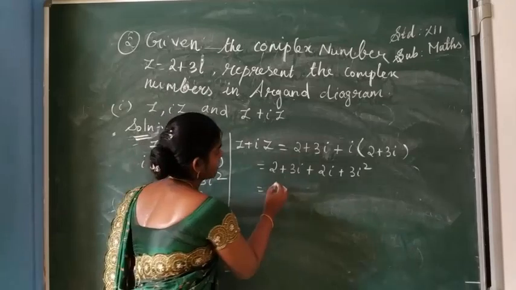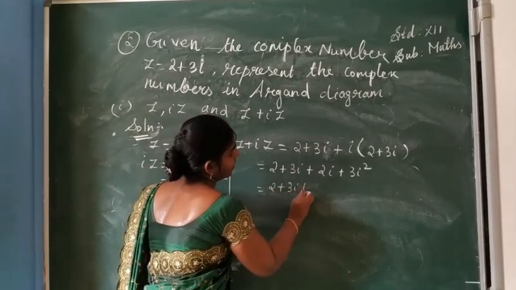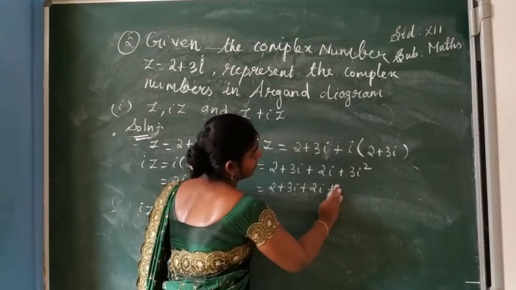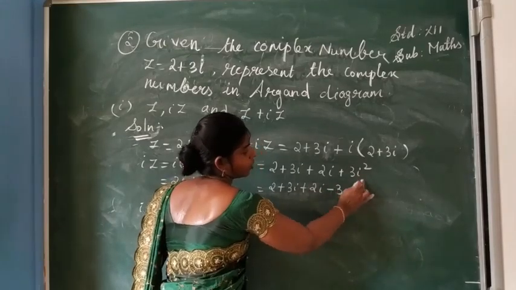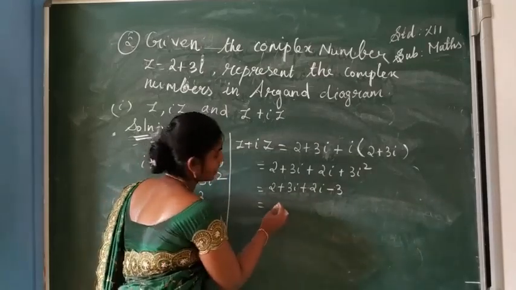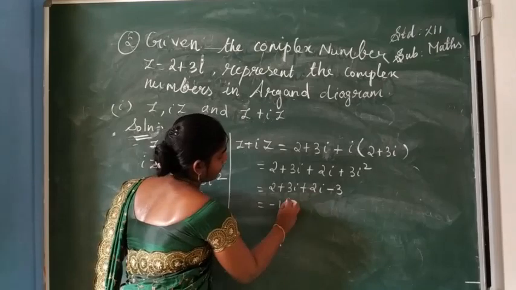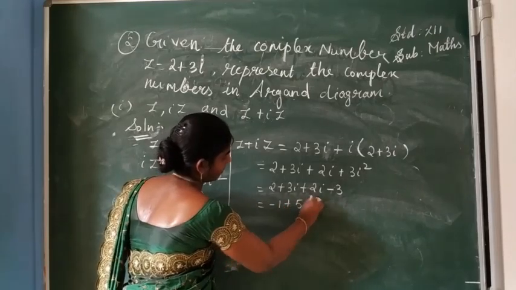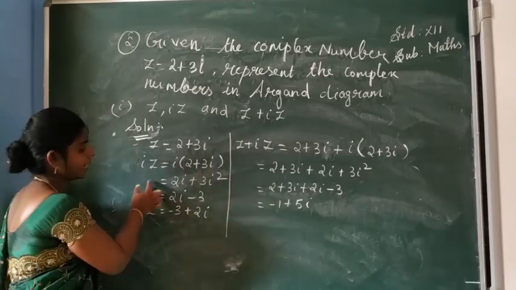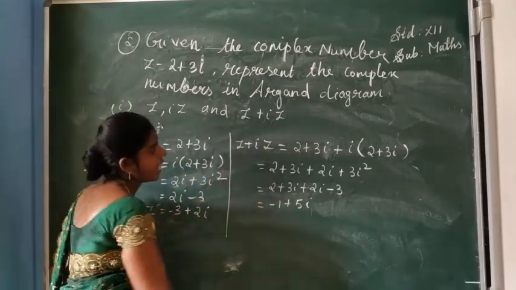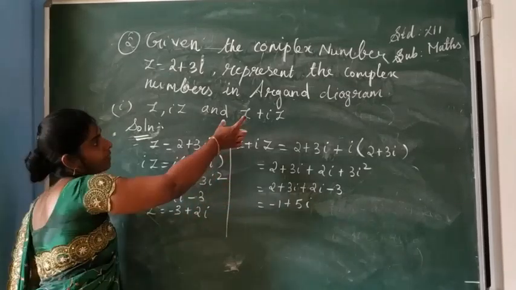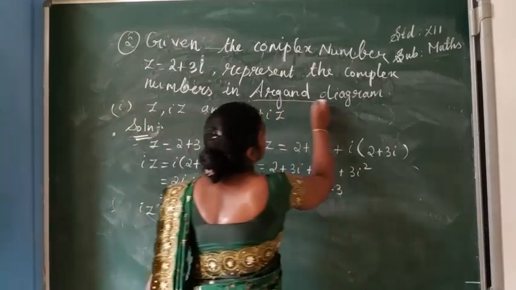That's equal to 2 plus 3I plus 2I plus minus 3. Because I square value is minus 1. That's equal to 2 minus 3, the value is minus 1 plus 5I. So these are the values for Z value, I Z value and Z plus I Z value. So now we can plot the points. Have to draw the Argand diagram.